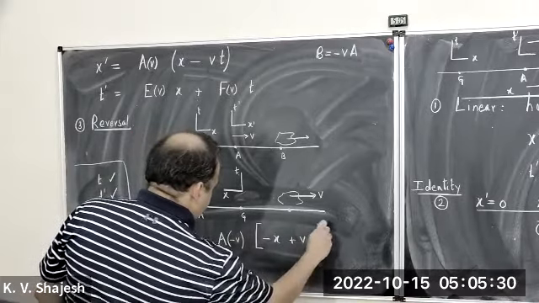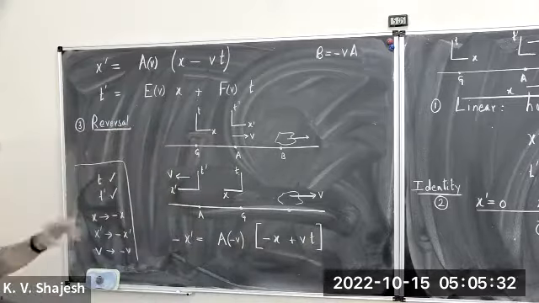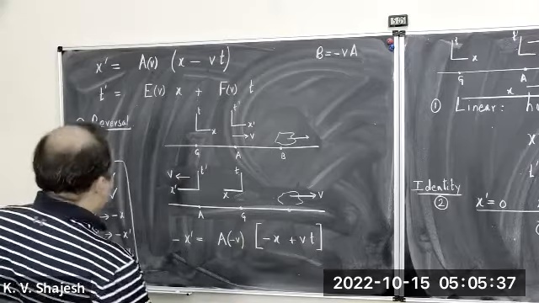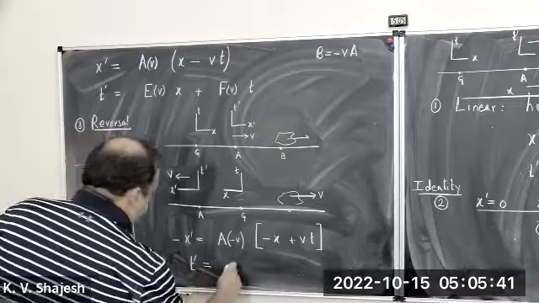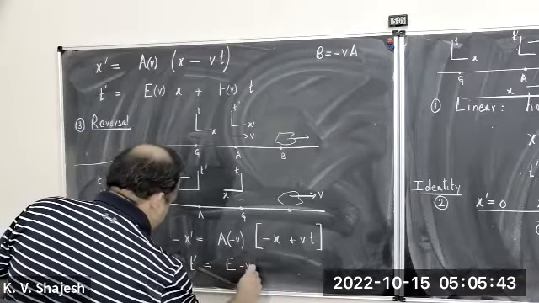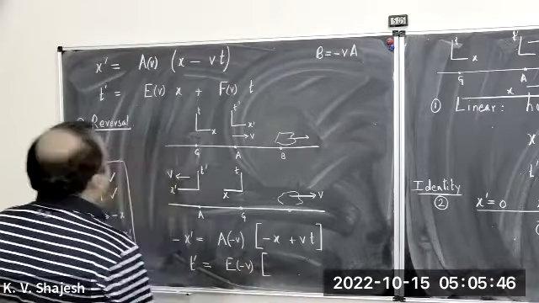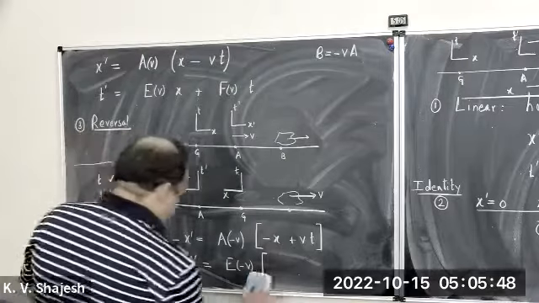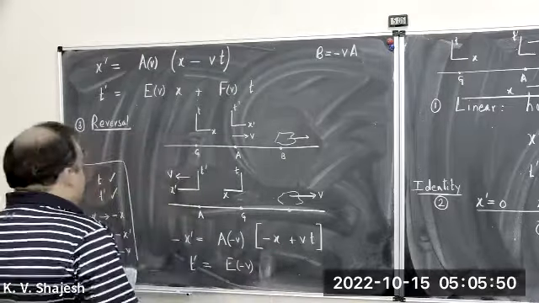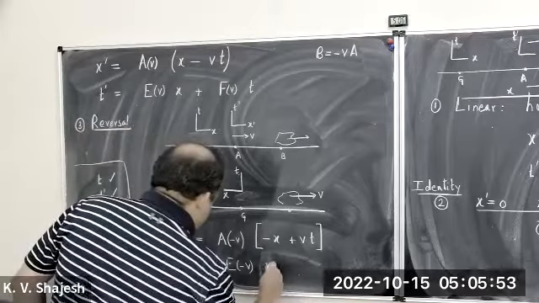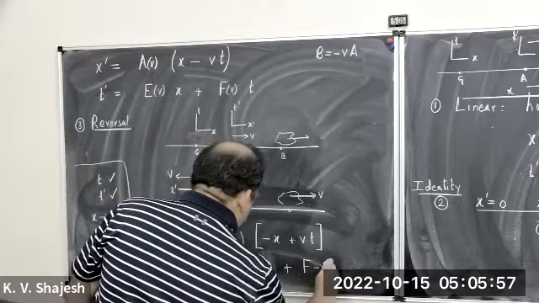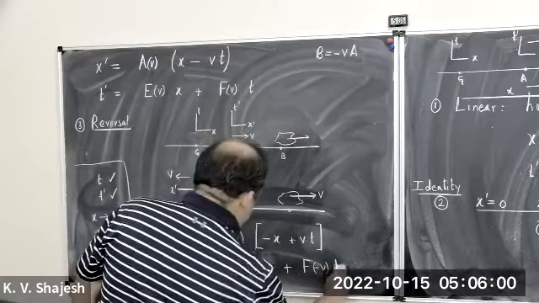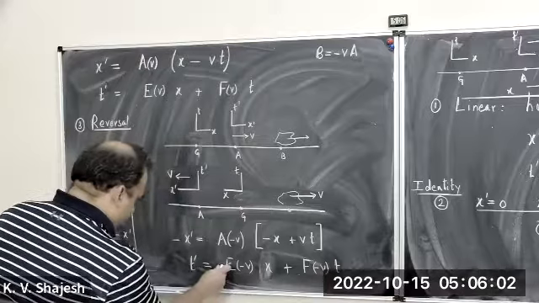Notice that t is the same, even though I'm flipping my x, t I don't flip, so there's some condition in there. So this is E of minus v, and sorry, there are no brackets necessary here. That's x plus F of minus v times t, and there is a minus in here, right?